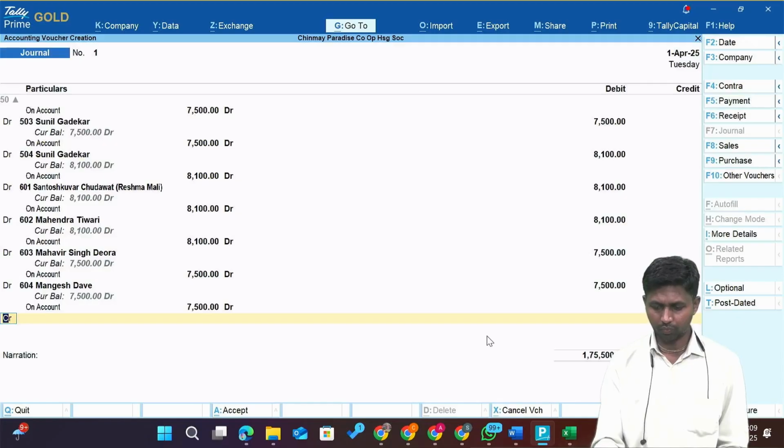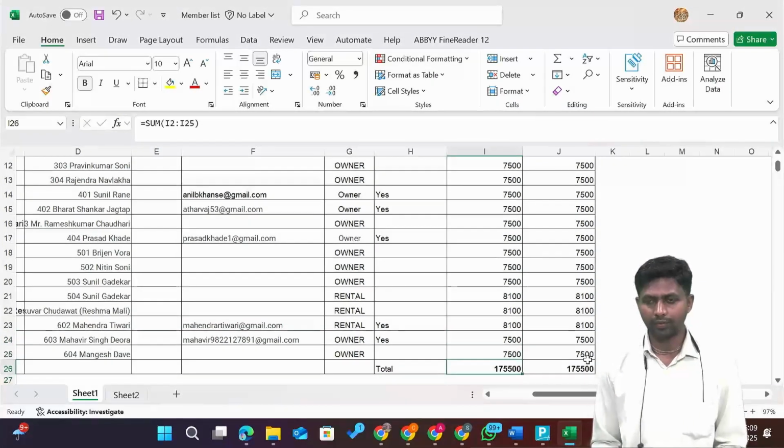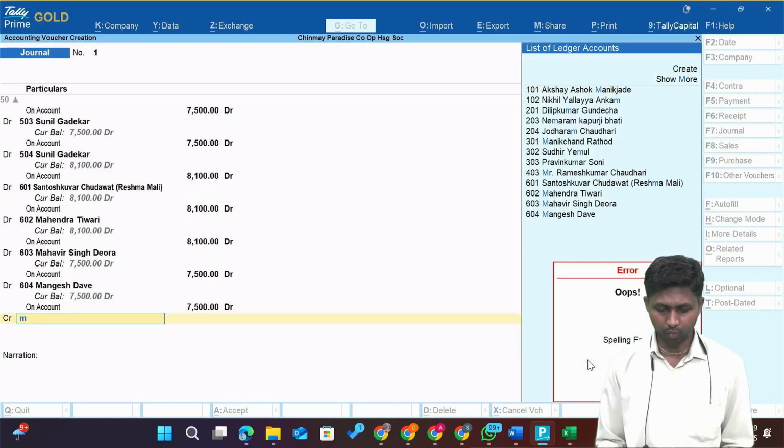Total now 1,75,500. And check the Excel also, 1,75,500. That means we are correct. We are done with that. And then finally, credit to maintenance.